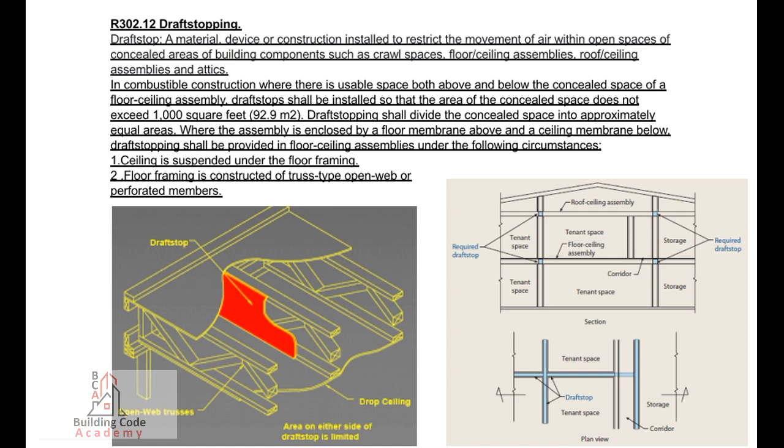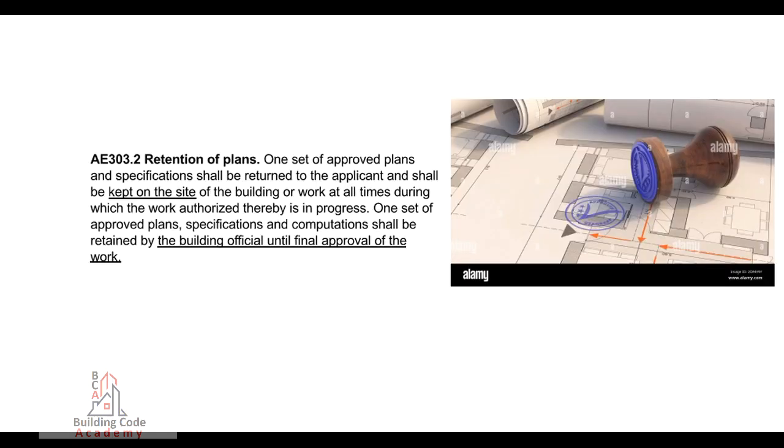Where the assembly is enclosed by a floor membrane above and a ceiling membrane below, draft stopping shall be provided in floor ceiling assemblies under the following circumstances. 1. Ceiling is suspended under the floor framing. 2. Floor framing is constructed of truss type open web or perforated members.